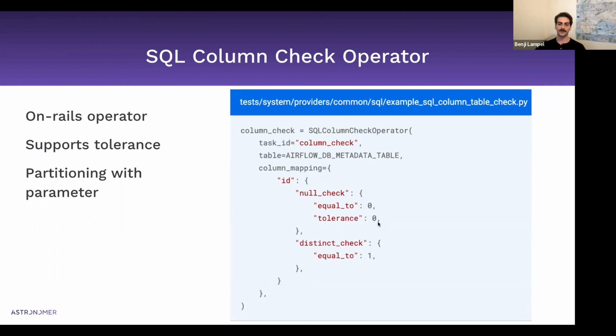And this tolerance is a decimal. It essentially says that we can have a percent of failure values and still allow the check to pass. So if this tolerance was say 0.1 or 10% instead of 0, and the query returned say 9 null values, the check would still pass even though this equal to is set to 0 because we have a 10% tolerance.